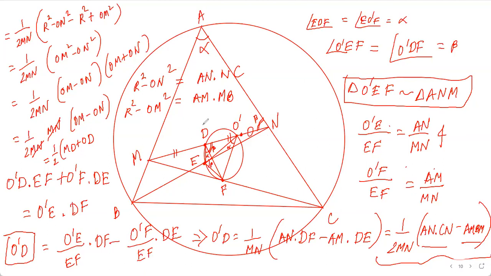Because I know these are midpoints, so MD and DN will cancel out.